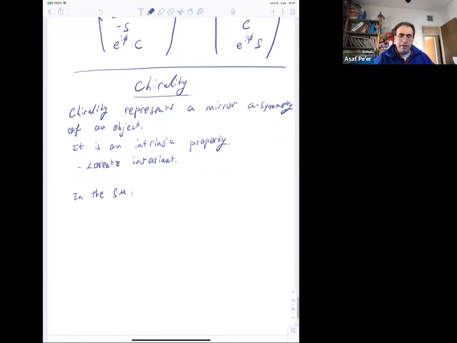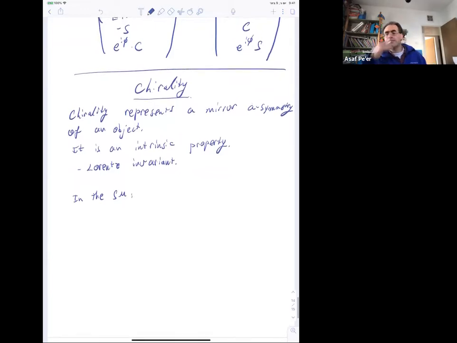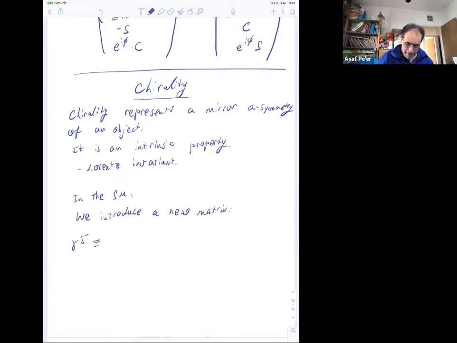We introduce chirality by defining a new matrix. In case you hadn't had enough matrices, so you had 4 matrices: gamma 0, 1, 2, 3. In order to avoid confusion, we don't call this new matrix gamma 4, but rather gamma 5. So we introduce a new matrix. It's called gamma 5. And it is defined to be the product of all 4 matrices, and just for convention, i, gamma 0, gamma 1, gamma 2, gamma 3.